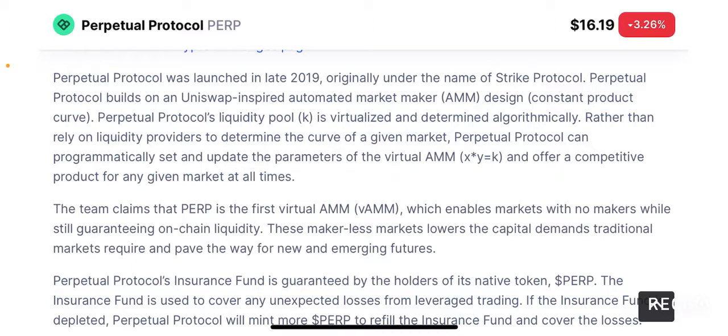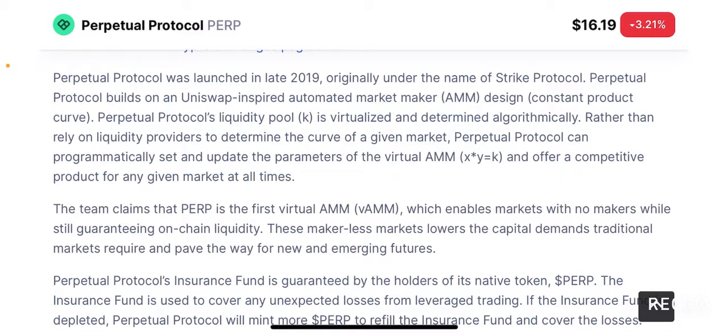Perpetual Protocol's liquidity pool K is virtualized and determined algorithmically rather than relying on liquidity providers to determine the curve of the given market. Perpetual Protocol can programmatically set and update the parameters of the virtual AMM using the equation x times y equals k, and offer a competitive product for any given market at all times.